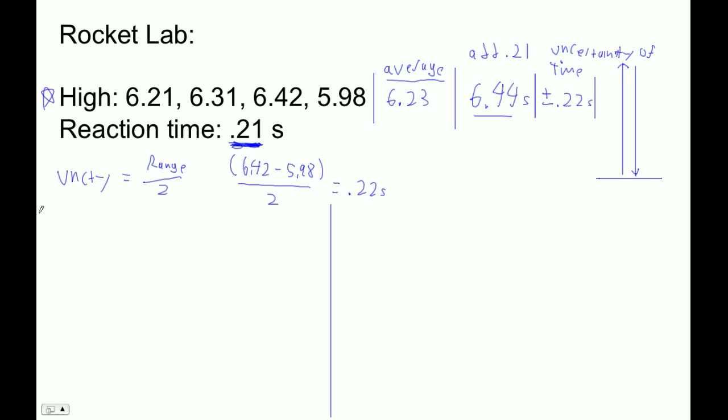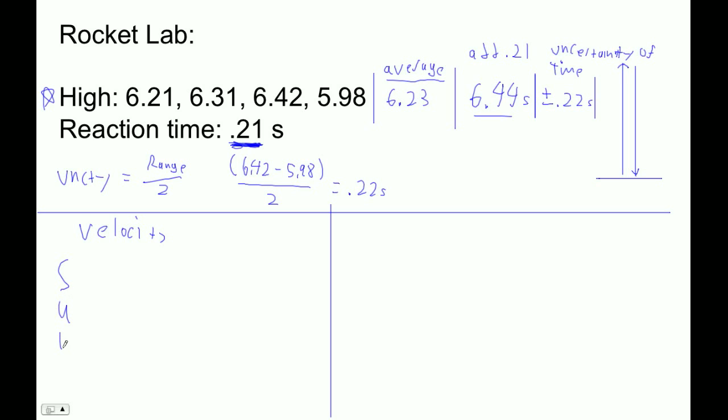So let's first calculate what the velocity is, and that's easy. We're just going to SUVAT this. The initial velocity is what we want to find. The final velocity at the top is 0. The acceleration is negative 9.81. And if we know our free fall problems, we know it reaches the top at half the time.